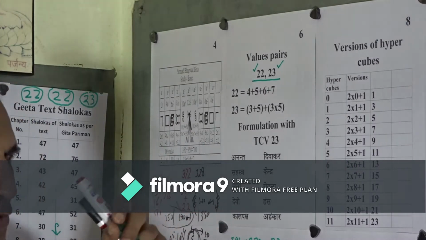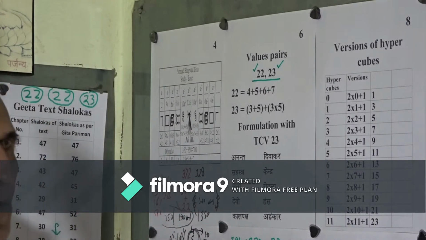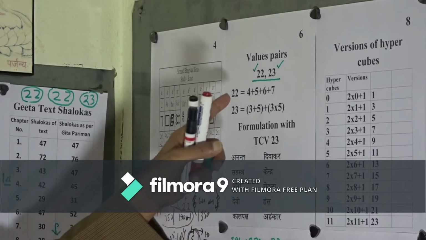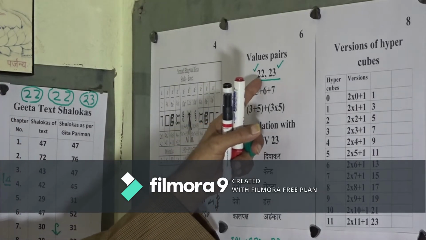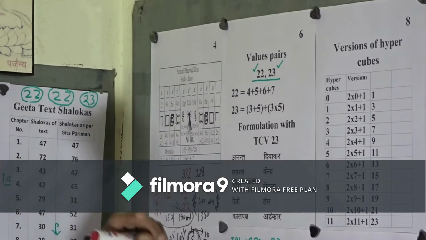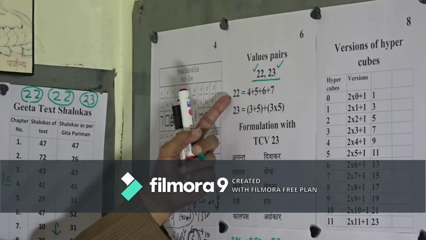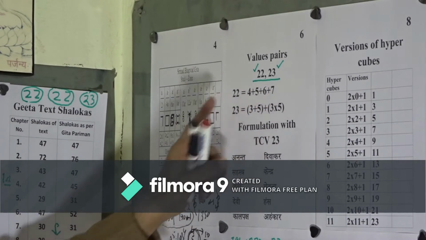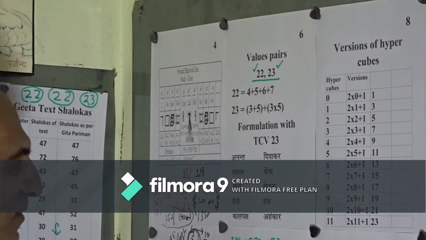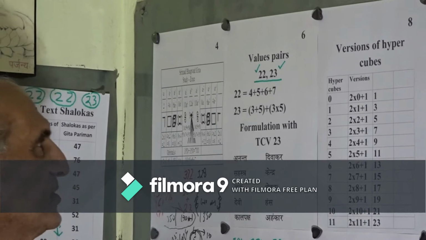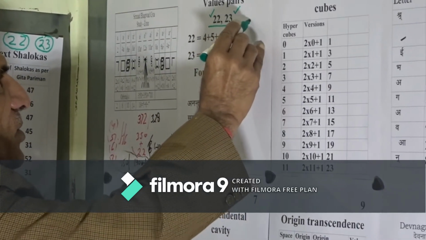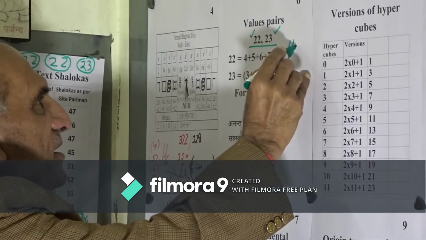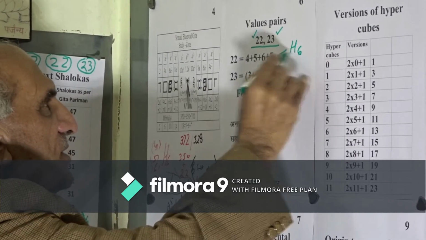Therefore, today we have to focus upon the organization format features of values 22 and 23. Value 22 as 4 plus 5 plus 6 plus 7 is the summation value of the quadruple value of hypercube 6. So this value in fact is the value of hypercube 6.